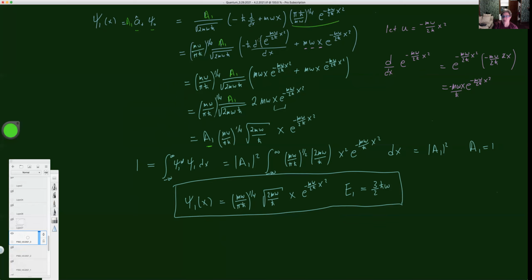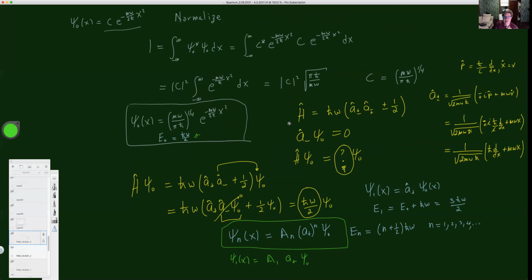So you take derivatives, you do some algebra, and you end up with this, and then you have to normalize, and it turns out, really cool, that a1 is just 1. Notice that a1, the normalization constant for the first excited state, psi 1, was 1, but the normalization constant from the previous slide for the ground state was definitely not 1.